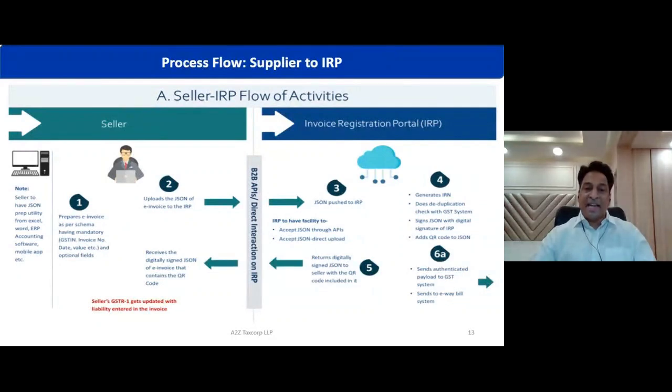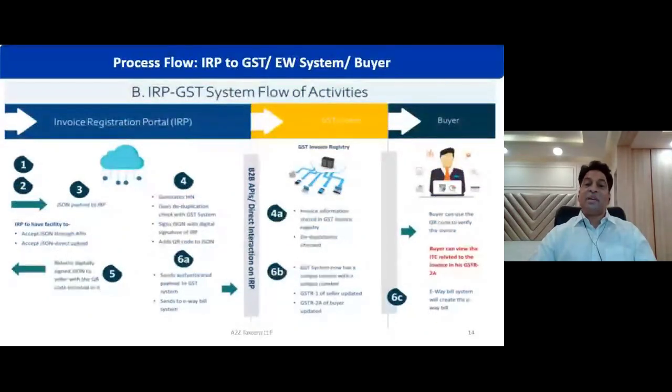So this is the next slide. Look at here: from IRP, GST system, and eWay bill system. I was on this point in the preceding slide. So what is this IRP going to do? The IRP is going to send the authenticated payload to the GST system and eWay bill system. Then what happens?